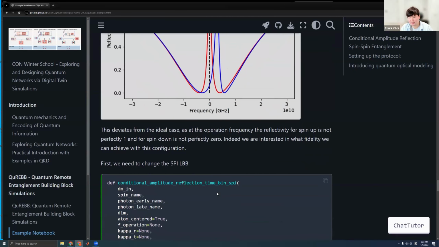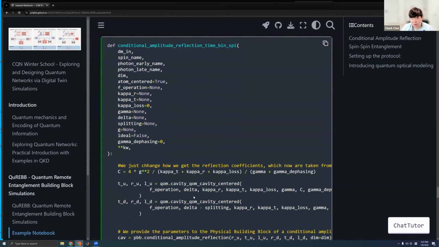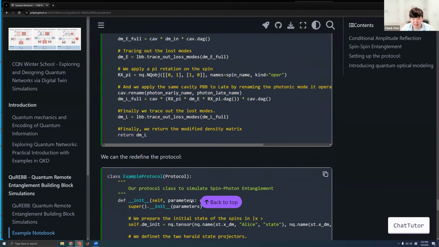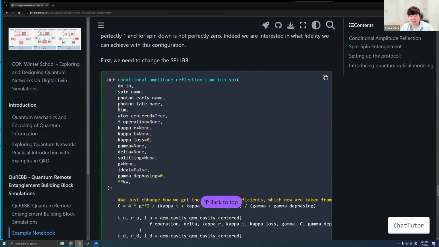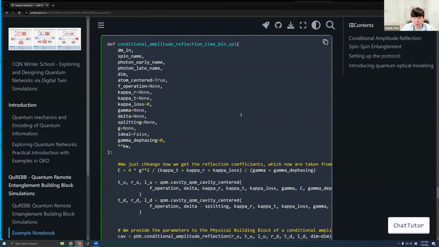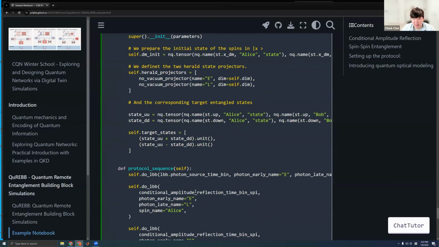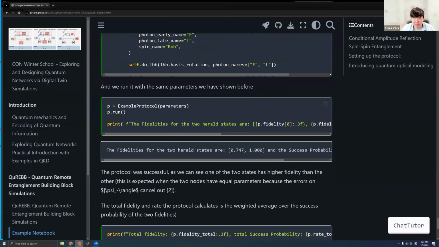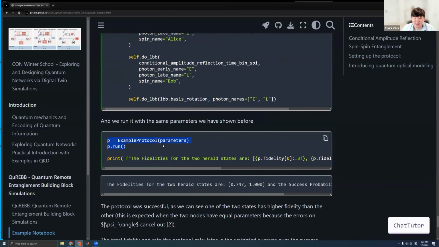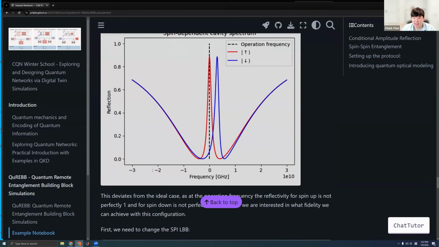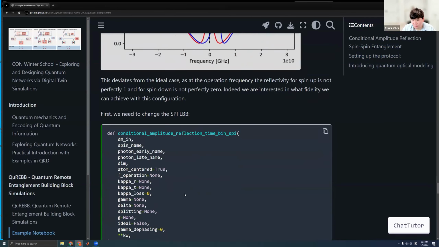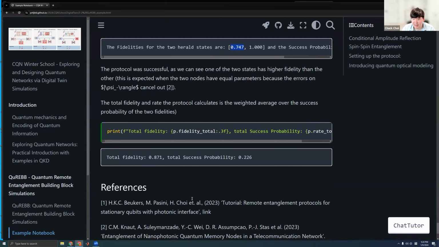So we use this photon to entangle the spins, and again, we configure all the protocols at a higher level with these given functionals, and run the protocols to get the fidelity. And this time, we have a non-unity fidelity, because we are using imperfect physical systems that are not ideal.